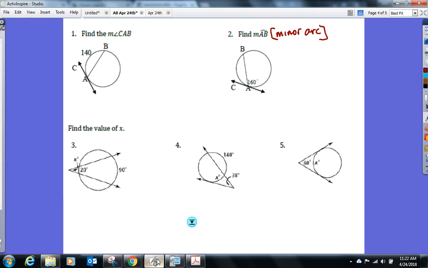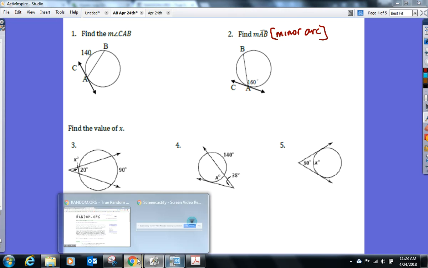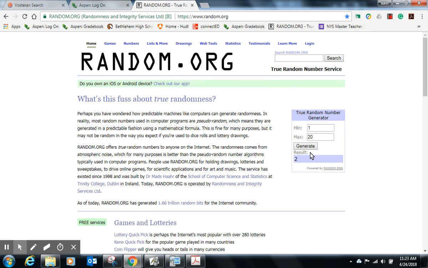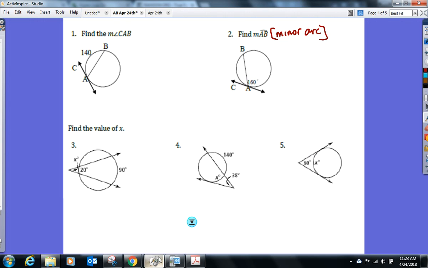Here we go, 16. Where's 16? Okay, here you go, Maggie. How is this angle, this 160 they gave me, how was it formed? With a what and a what? Tangent and a chord. So I think about all my rules. A tangent and a chord is found by taking half the arc. All right. I'm looking for arc BA though. So what's the angle next to 160, everybody? 20.